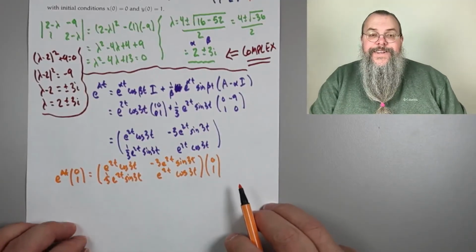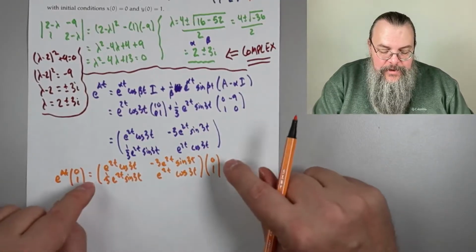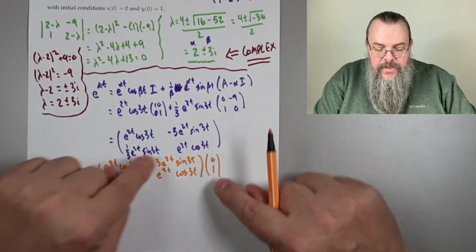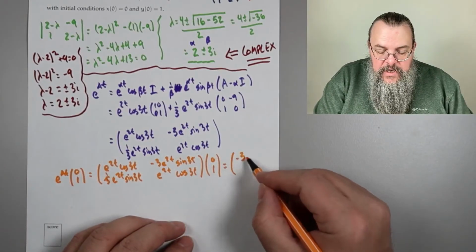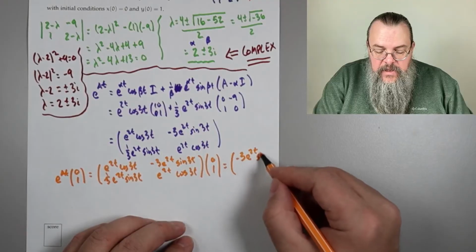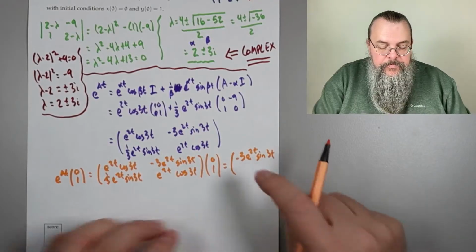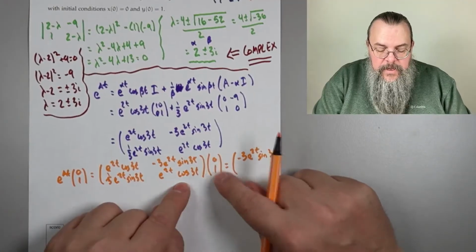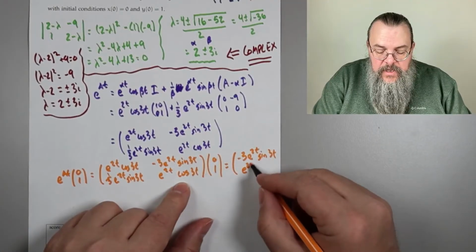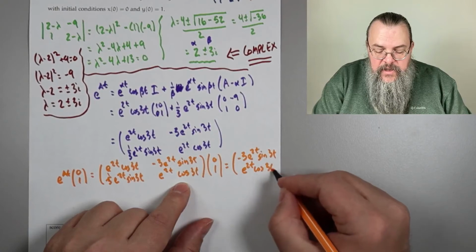All right. Now, matrix multiplication. 0 times 1. Okay, so we get minus 3 e to the 2t sine 3t. And then 0 and 1. Okay, so 0 times that, 1 times that, e to the 2t cosine 3t.